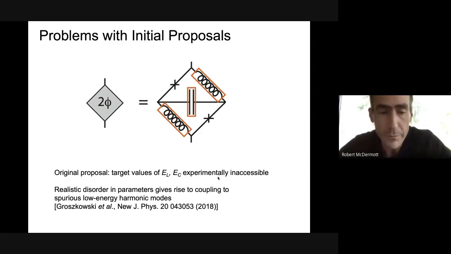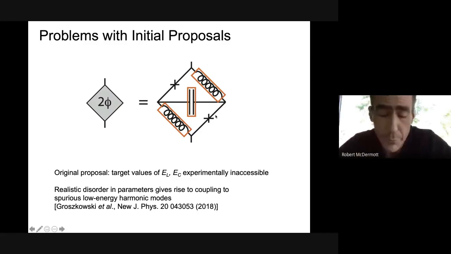They look great on paper, but when you look at the parameters that you would need to implement such a device, as an experimenter, you see that this is going to be exceedingly difficult, because this initial proposal for a frustrated plaquette of this form required extremely low E_L for these superinductors, very large cross capacitance here, and experimentally it is very difficult to achieve the large cross capacitance that you need, and simultaneously have very small junction capacitances for the junctions in this plaquette.